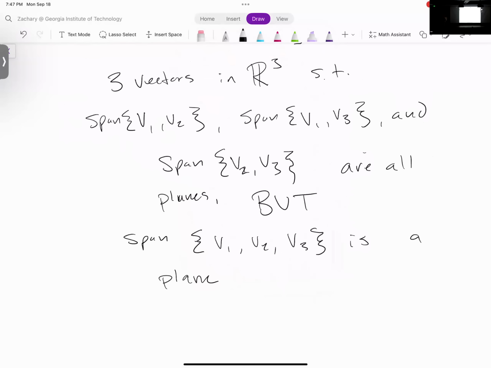This one's rather difficult to kind of conceptualize right off the bat, but essentially it means I have 3 vectors, any pair of them has 2 pivots. Is it possible that when we have all 3 of them, there's still only 2 pivots?